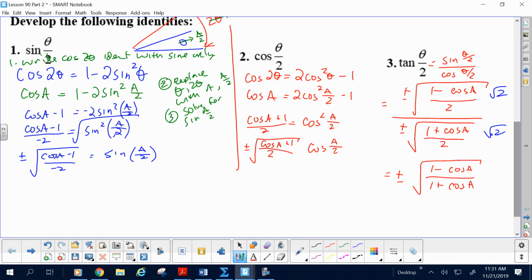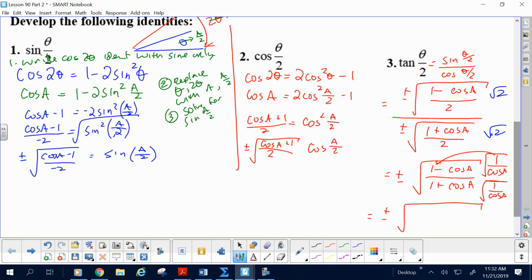Let's make it a little tangenty, shall we? How do we make it tangenty? We would divide by sine. Wait, multiply by 1 over cosine. Okay, now if you do that, then when you distribute to the 1, how are we going to get tangent out of this?